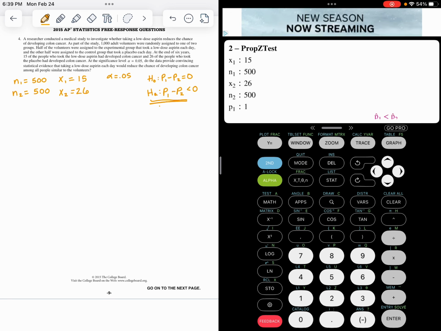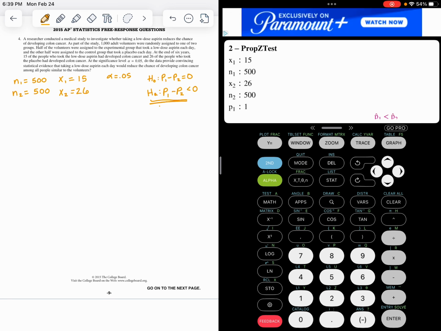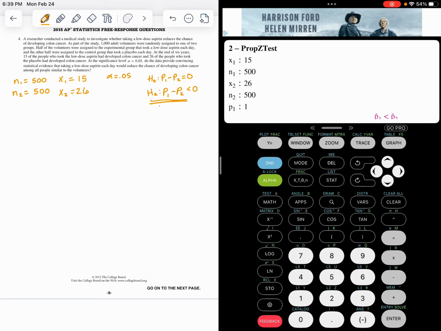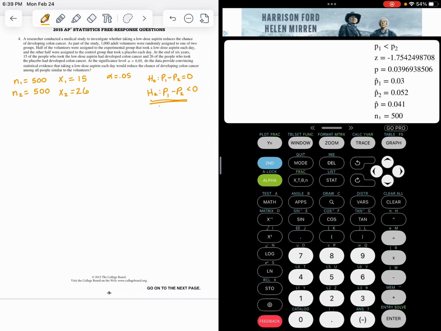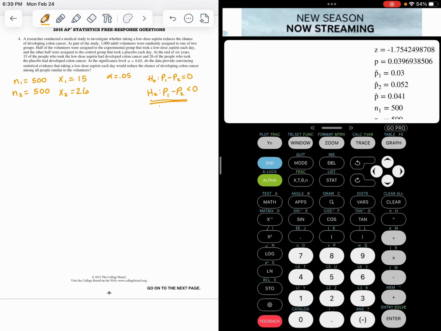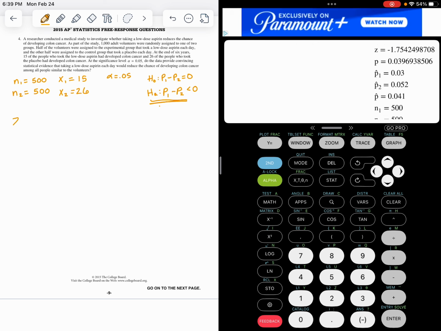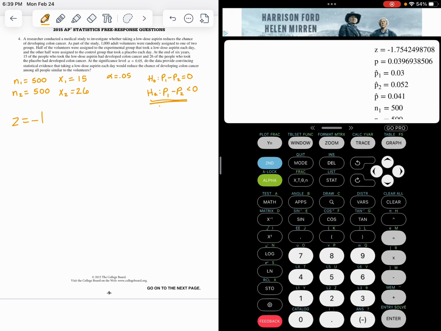And when I calculate, if I go up, I can see all of these different things that it tells me. So X1, N1, X2, N2, we put in there. But then what we've got is that we would have gotten, if we did this by hand, a z-score of negative 1.75. So if you're asked for the test statistic, that would be it.